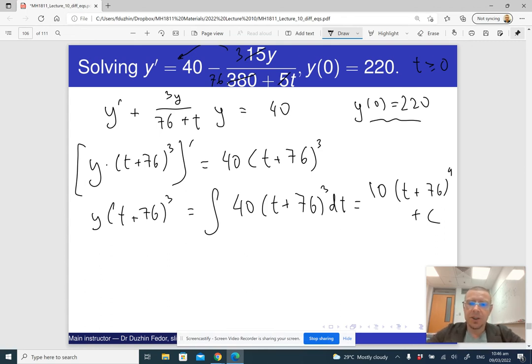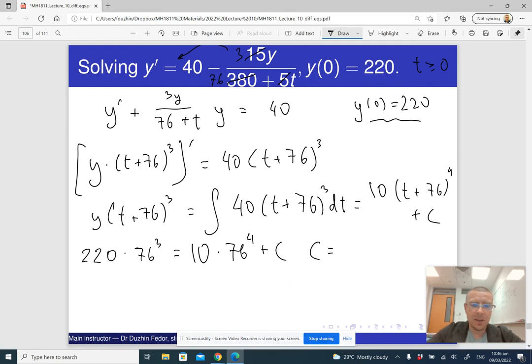The initial condition allows us to find a constant, right? So letting y to be 220, and t be 0, 76 cubed, I will get 10 times 76 to the 4 plus constant.